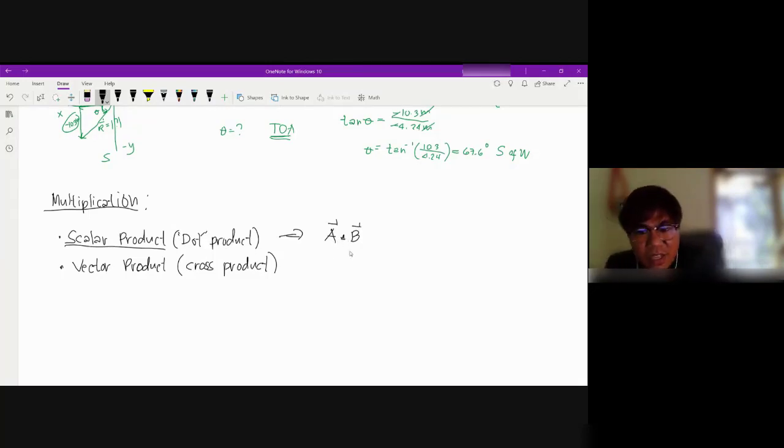Now ang resulta nila kay na kay duha ka vectors i-multiply, ang resulta kay scalar quantity. So that's amazing, no? Duha ka vectors i-multiply nimo ang mugawas kay scalar quantity. That's why gitawag siya scalar product.